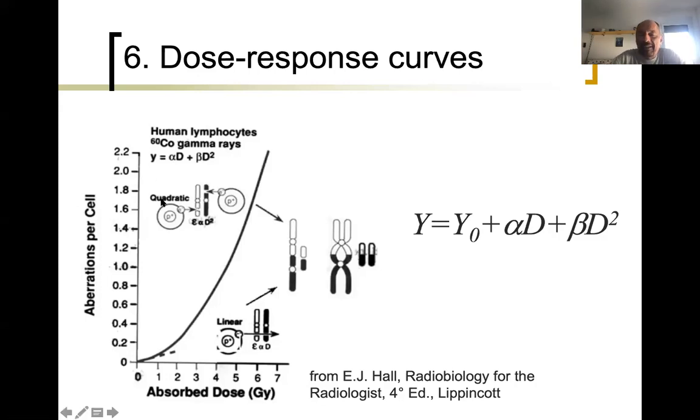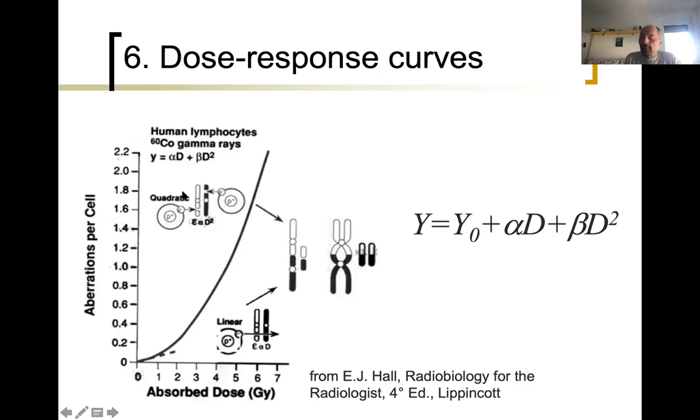Because if the dose is delivered at a very low dose rate, the second break will occur when the first break has already been repaired, so you will not have any exchange. Imagine the same dose is given over many, many hours. The first break occurs in this chromosome and is repaired, then comes the second break.